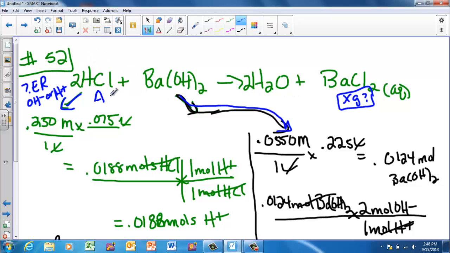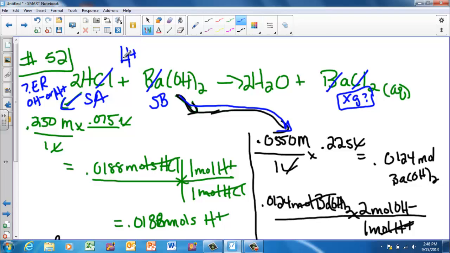This is an acid-base reaction where hydrochloric is your acid, barium hydroxide is your base, you're making water and a soluble salt. So the net ionic here, because this is a strong acid and a strong base, barium chloride is aqueous, so chloride is going to be a spectator.